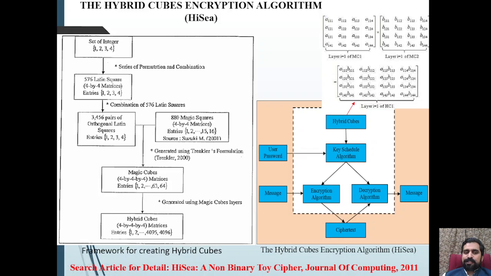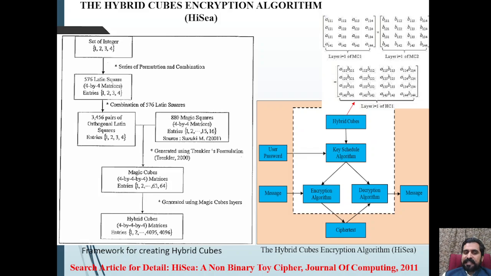The hypercube is generated by using inner matrix multiplication of two magic cubes to ensure all matrices generated from the hypercube are invertible. The second step is the construction of the key table in the key scheduling algorithm using the matrices generated from the hypercube. The third step is that the message from the sender is encrypted using the encryption algorithm to generate the ciphertext.